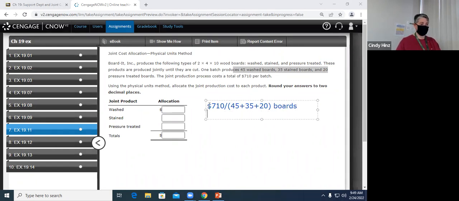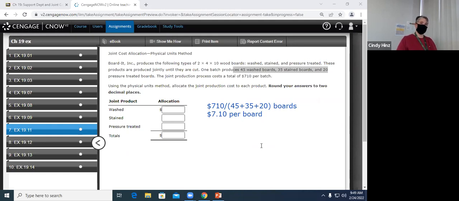Everyone see that? So it's a total of 100 boards. $710 divided by 100 boards is $7.10 per board. And we're going to allocate this based on the number of boards.